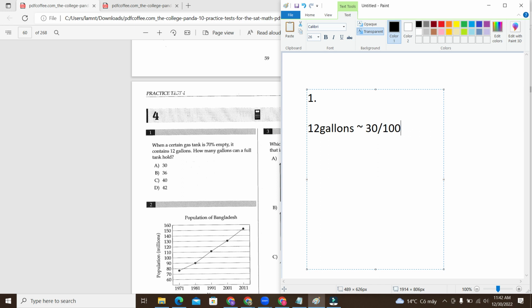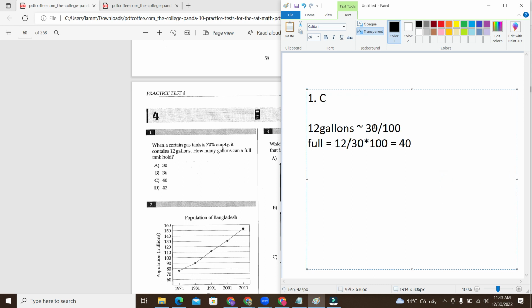So you can figure out the full tank is equal to 12 divided by 30 and multiplied by 100. This is going to turn out to be 40, right? Because the full tank is 40 gallons.